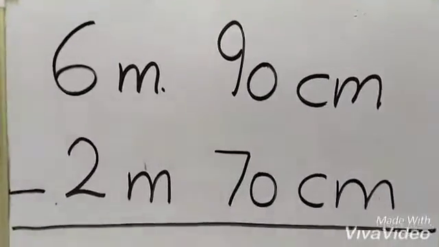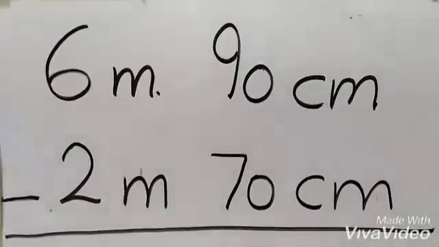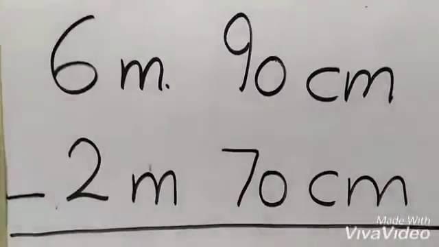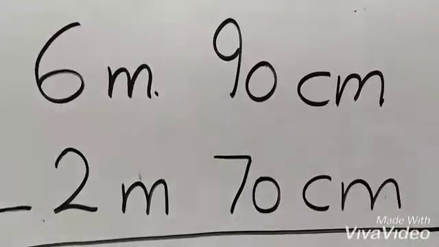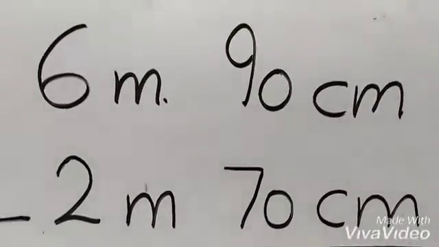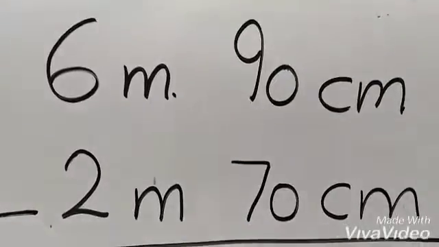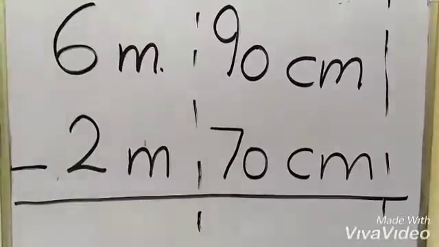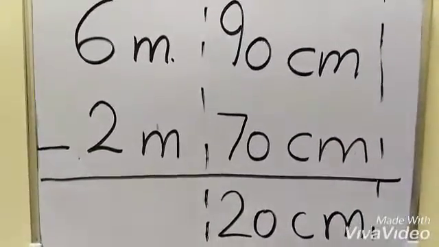To find out the answer, we have to follow the same steps we used in the addition. So we have to do minus for the centimeters first, then in step number 2, we will do minus for meters. So 90 centimeters minus 70 centimeters equals 20 centimeters.